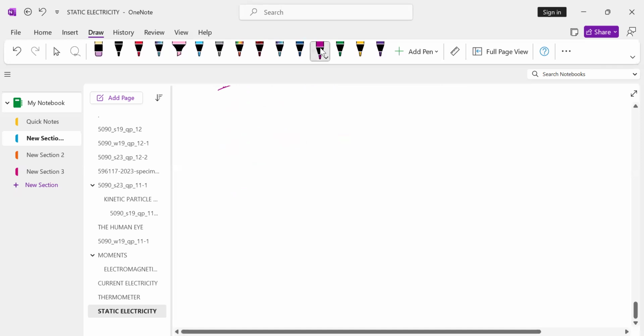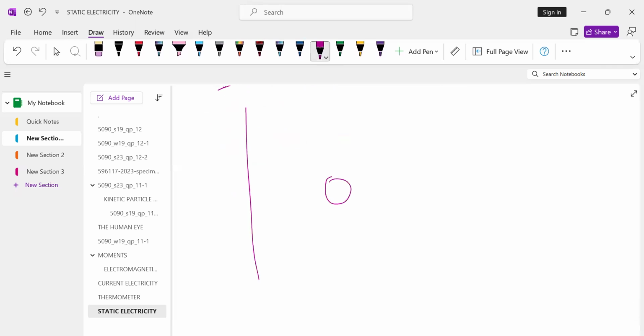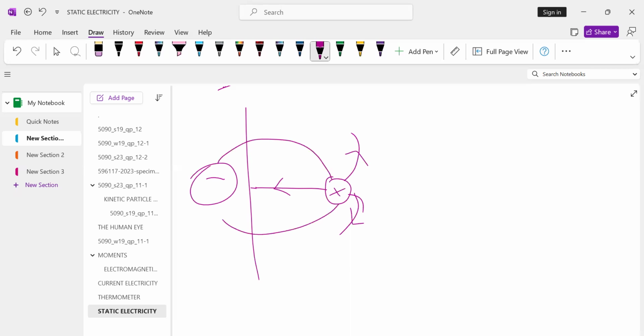Then case 6 is that you have a charge, for example, positive charge, and here is the negative charge. Now the field line will go from positive to the negative charge here, and from positive it will go outwards, and it will go towards the negative charge.